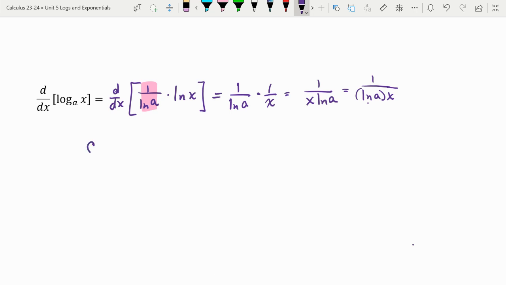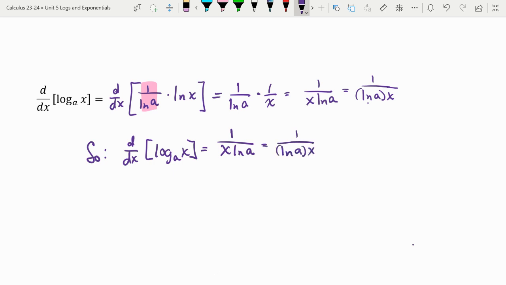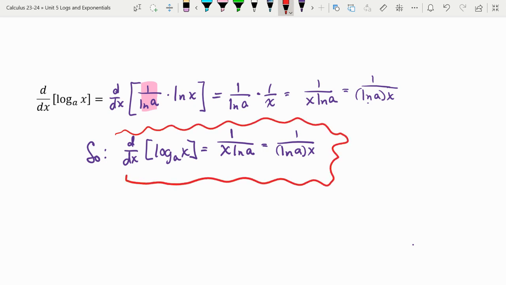So the derivative of log base A of X is 1 over X times the natural log of A, or 1 over the natural log of A times X. This is my derivative rule for a log of a base other than e.